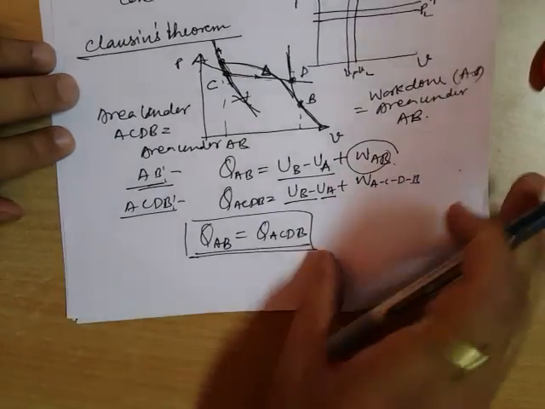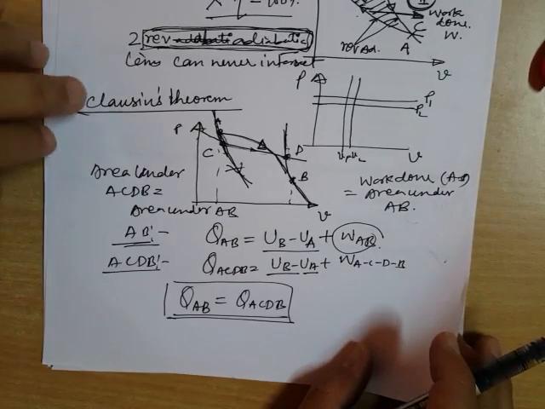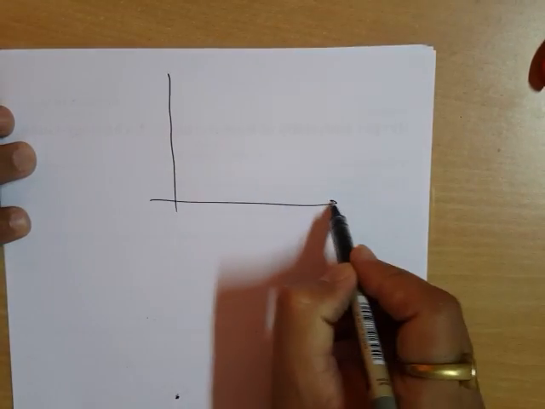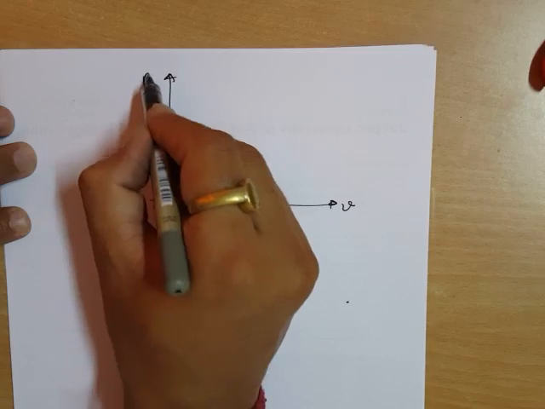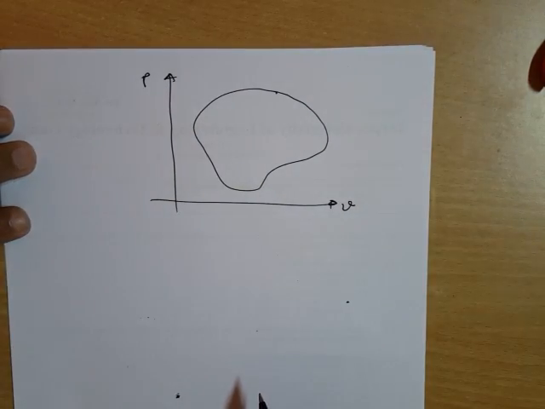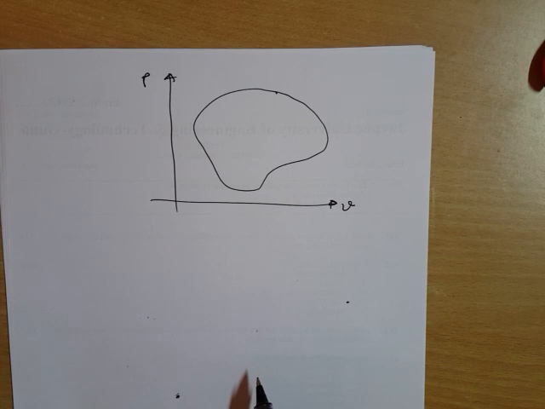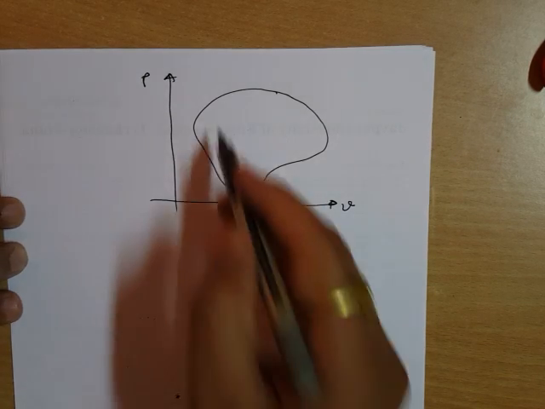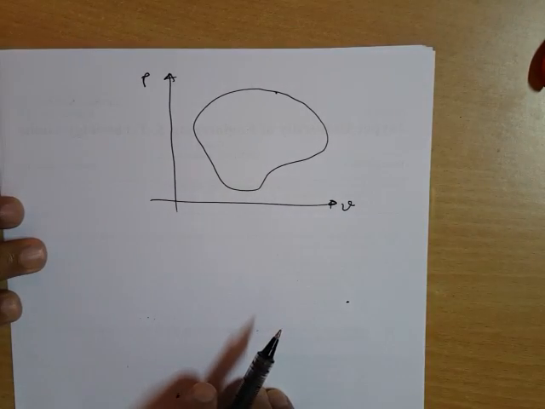So now we are in a position to learn Clausius theorem. Let us consider the same PV plane and any reversible path followed by a system which ends at the same point where it started, that is, consider a reversible cycle.